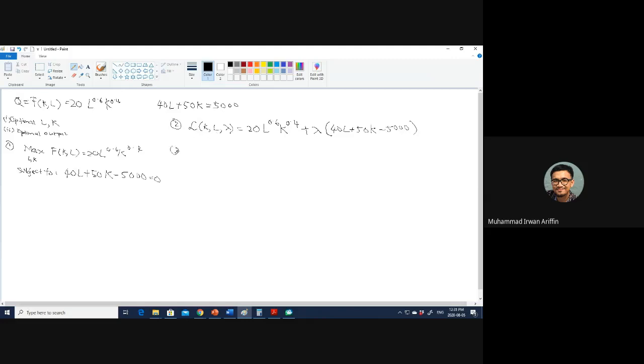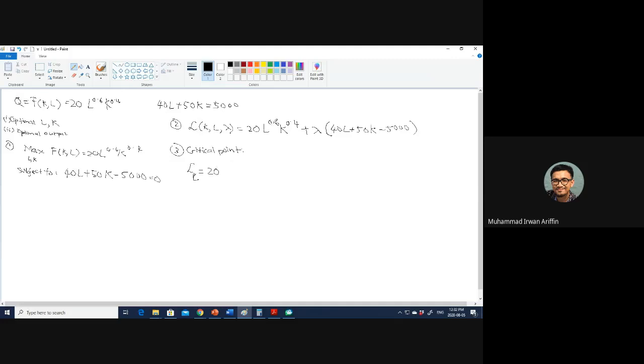Now step number 3, we want to find the partial derivatives. We want to find the critical points. How do we do this? First we take the partial derivative with respect to L. There is an L here, so let me rewrite.